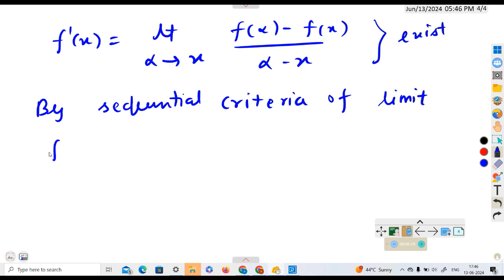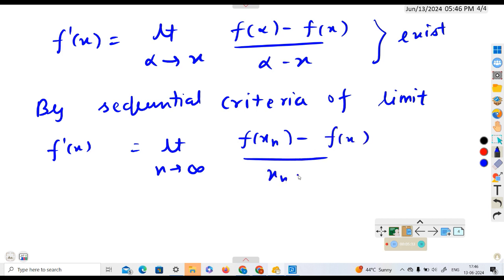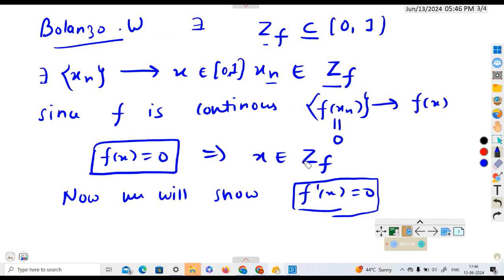So f dash x is equal to the limit as n tends to infinity of (f(x_n) minus f(x)) by (x_n minus x), where we know from before that x_n converges to x, so we can use the sequential criteria.